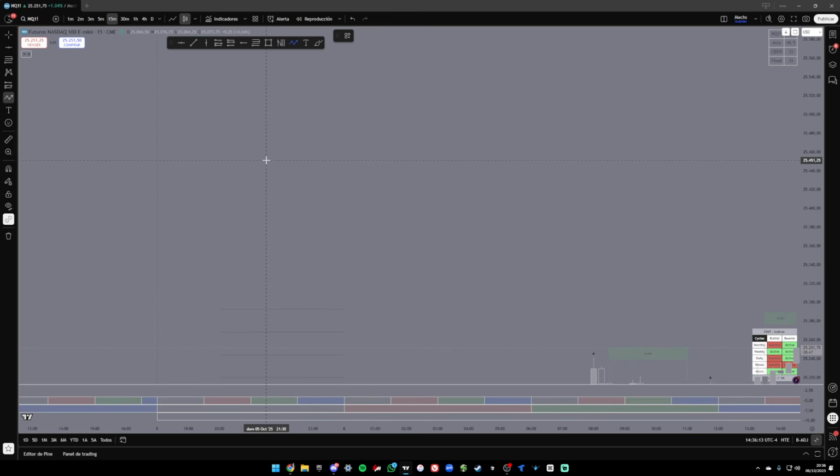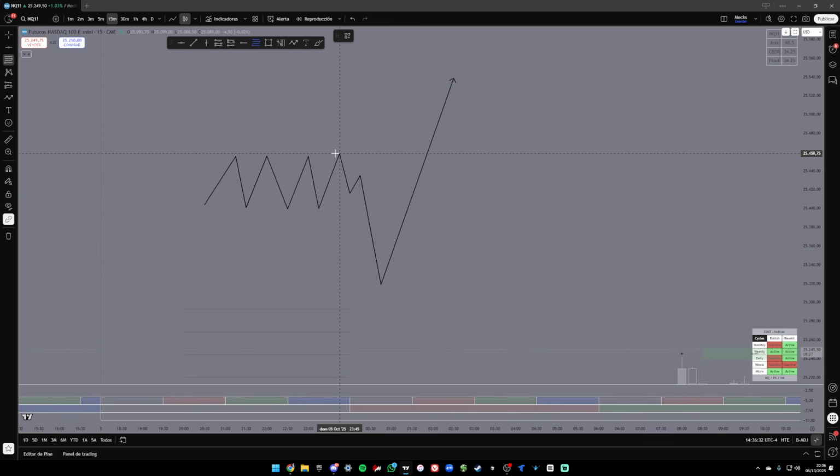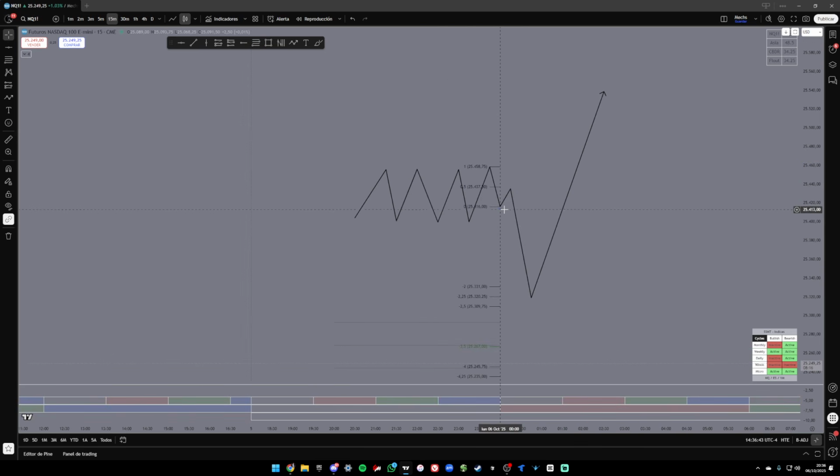For the break of structure one, if you mark it correctly, this is gonna give you a lot of precision, every day. We mark it from the last high of the accumulation to the break of structure.